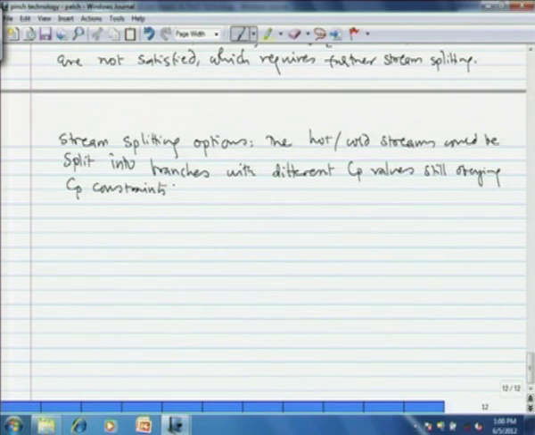Like in the first example that we saw, we could have had the CP value 4 and 1 or 2.5 and 2.5, and all of this would have obeyed the CP criteria, or 2 or 3, so on and so forth. So, this adds a degree of freedom in the design.